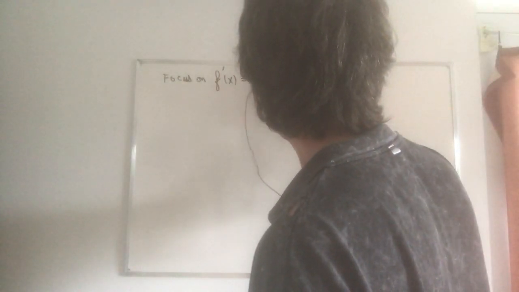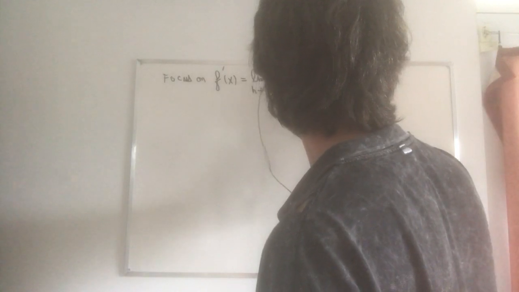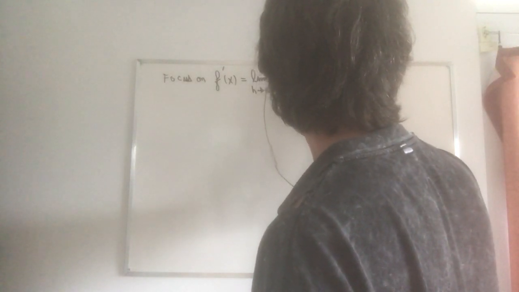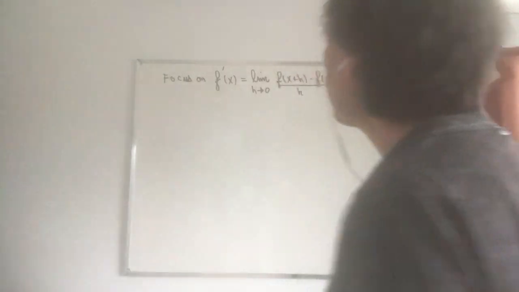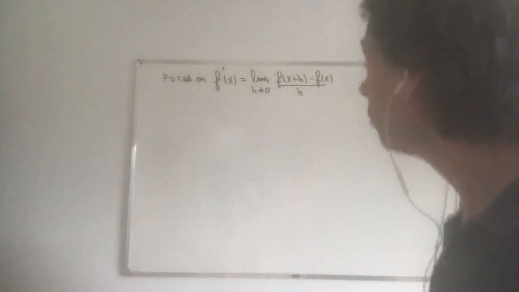For us, this will be the one we use the most often. So the one we saw in the first video on derivative. So the one with the h, the limit as h goes to 0 of f of x plus h minus f of x all over h. Lovely.